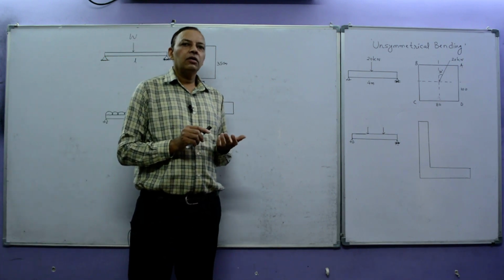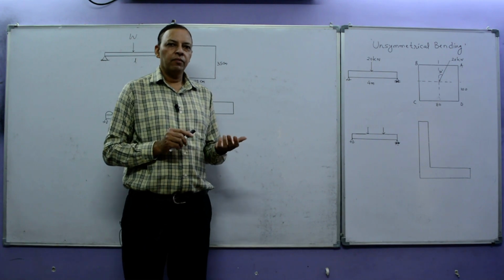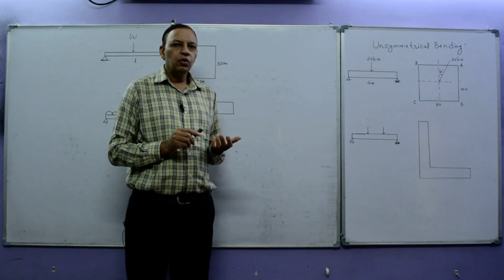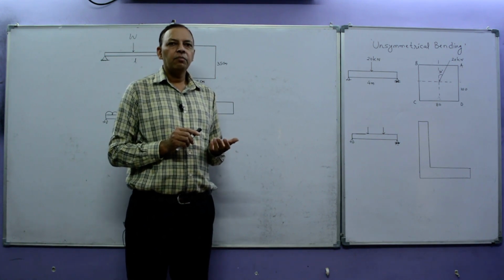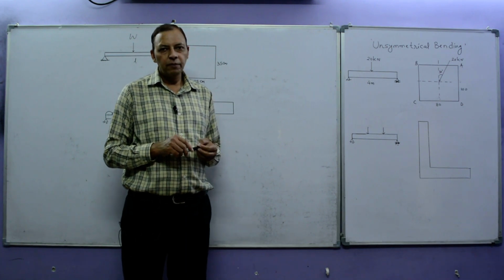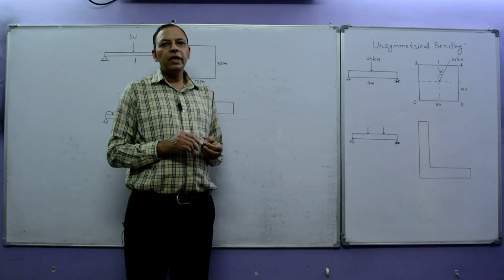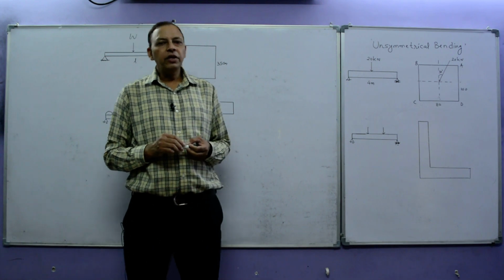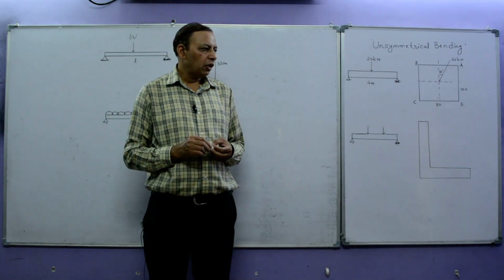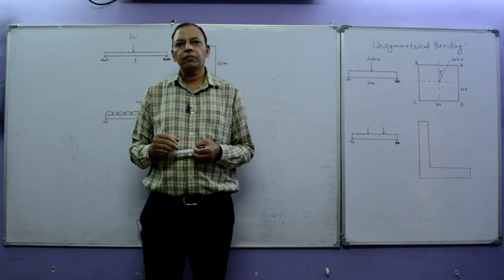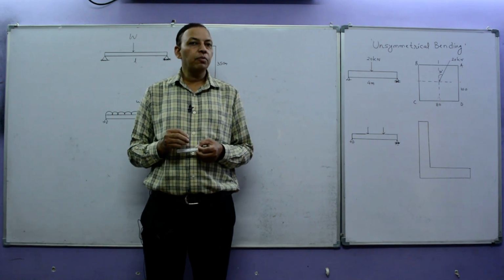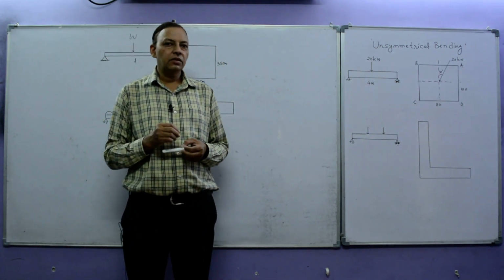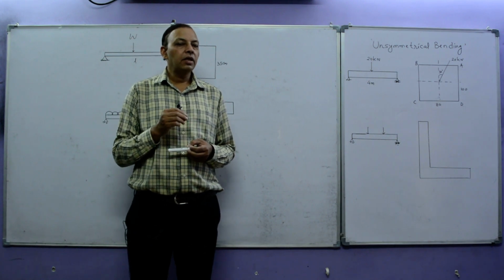In the derivation of the formula of simple bending, sigma by y, M by I, E by R, the different assumptions are: material is homogeneous and isotropic, transverse planes remain plane after loading, and the beam is straight and all filaments are bent into circular arcs, out of which there are many assumptions. The most important one for the case of unsymmetrical bending is this assumption of simple bending, but it will differ.